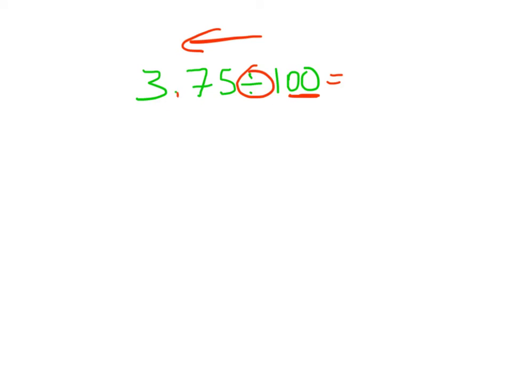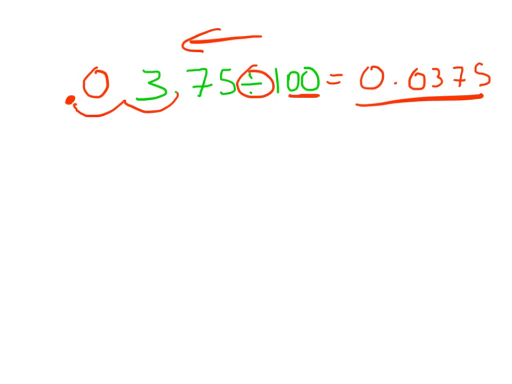So 1, 2, even though there's no number right here, I still have the scoop down here, and of course I'm going to fill that in with a 0. So my answer over here will be 0.0375, and that number is smaller than 3.75, the number we started with.